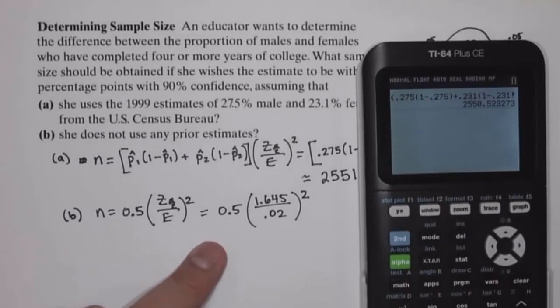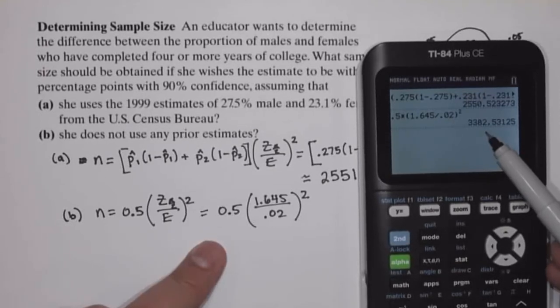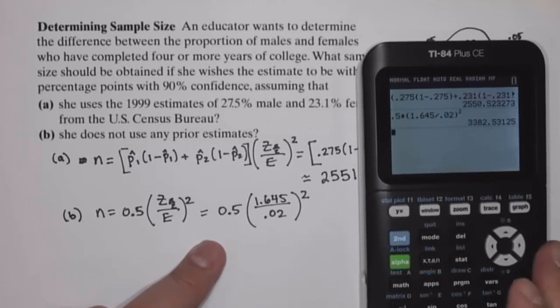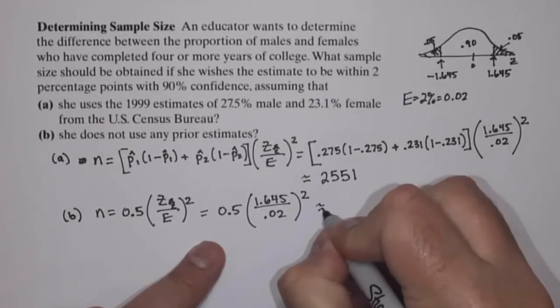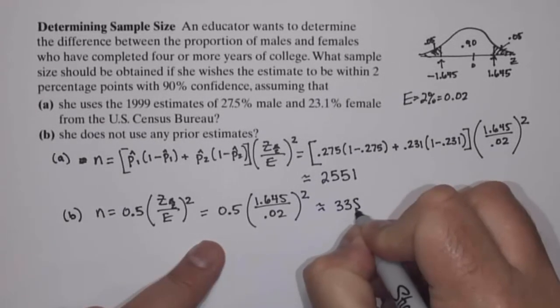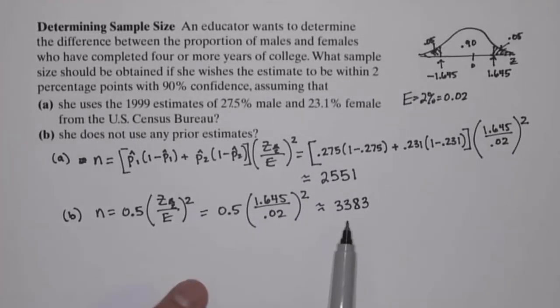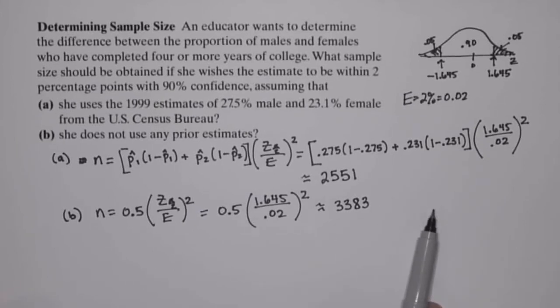So bringing in my calculator, 0.5 times parenthesis 1.645 divided by 0.02, close parenthesis, squared. And so that is 3,382.53125. So if we increase that to the next integer, that is 3,383. So we're going to need a sample size of 3,383. So we will need 3,383 males, and we will need 3,383 females.